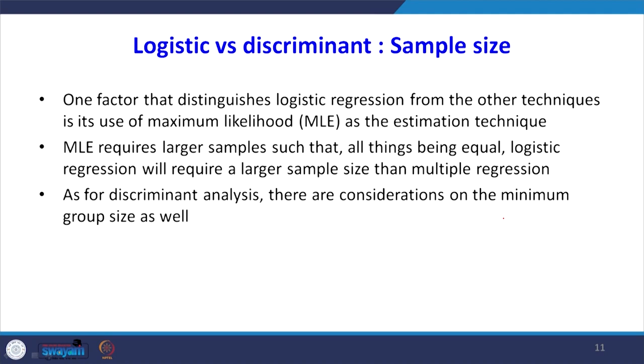As for discriminant analysis, there are considerations on minimum group size as well. When you go for logistic regression, you need a large sample size because it follows maximum likelihood estimation, and the value of the maximum likelihood estimate is sensitive to the sample size or degrees of freedom.